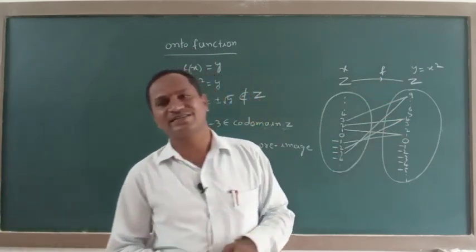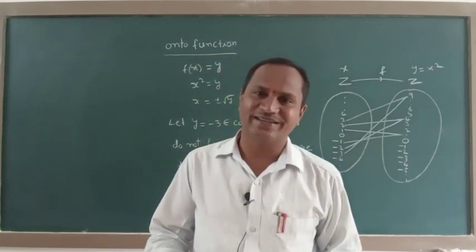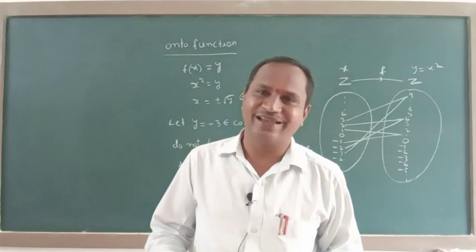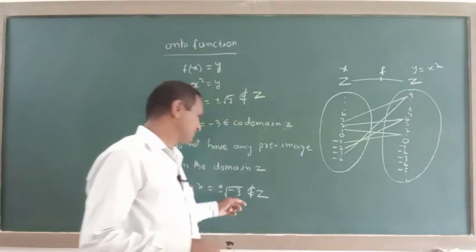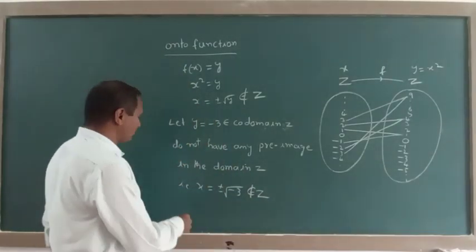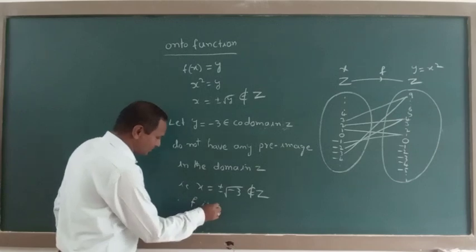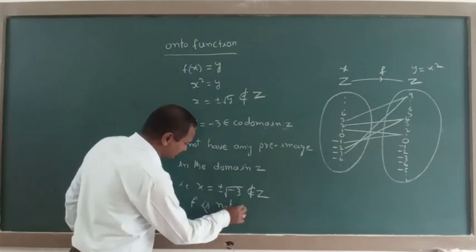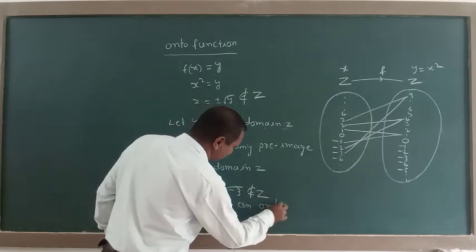That's why we can easily say that codomain is not equal to range. When you get this, we can easily say that f is not an onto function. Therefore, f is not an onto function.